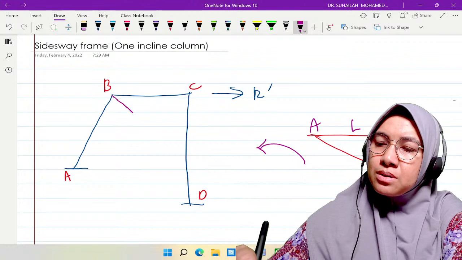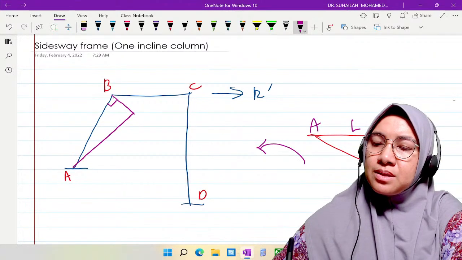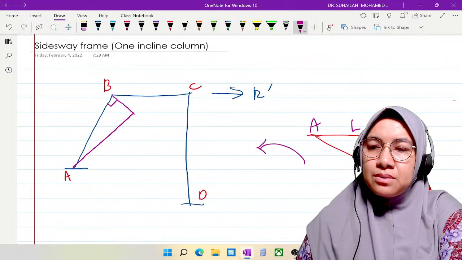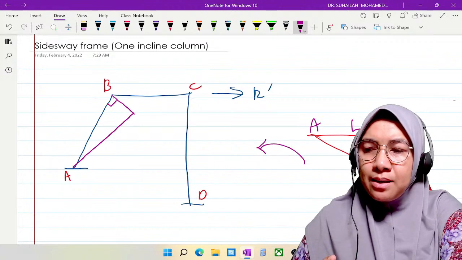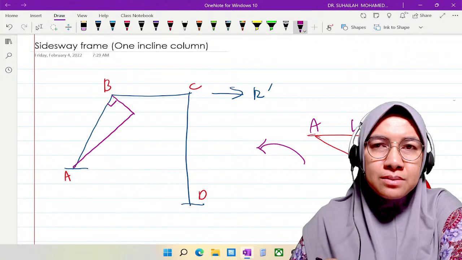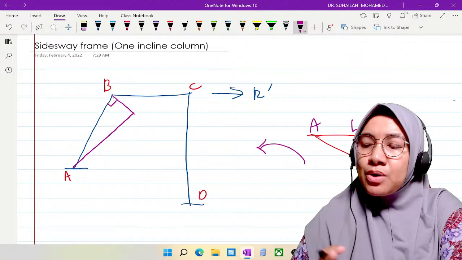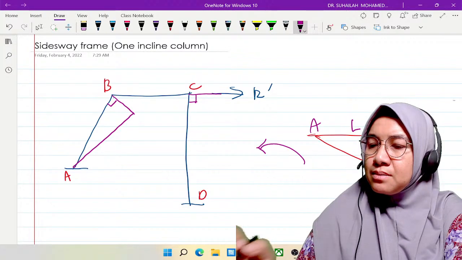So this is the triangle. For member CD, the delta must be perpendicular to the column. This is 90 degrees, so this is the triangle.